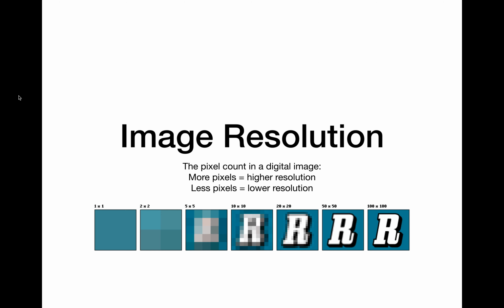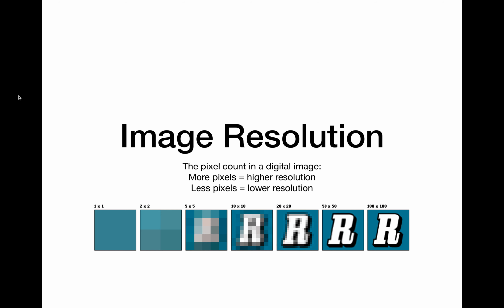So if we look at that 5 by 5, and you say 5 times 5, you would get 25. So there would be a total of 25 pixels within that pixel array, and so on.